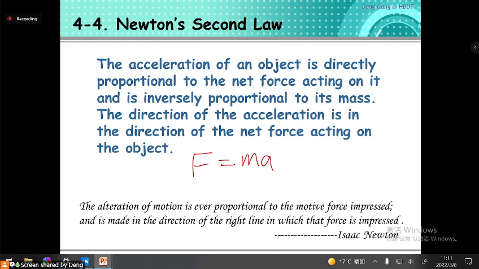So the force is proportional to the mass, and the acceleration is proportional to the force, but the acceleration is inversely proportional to the mass. And they have the same direction.